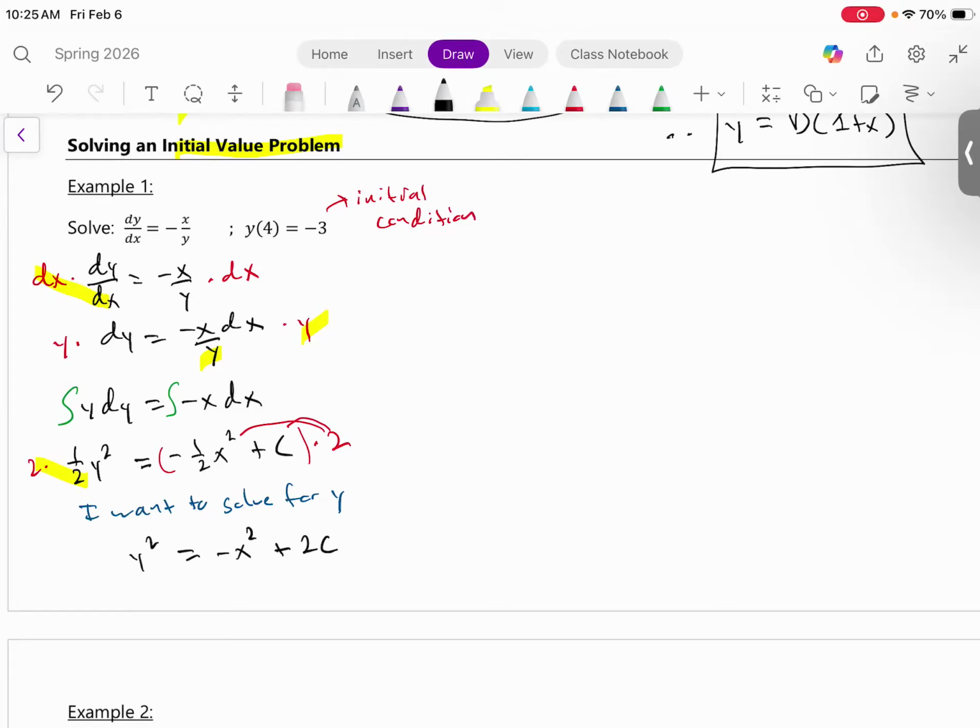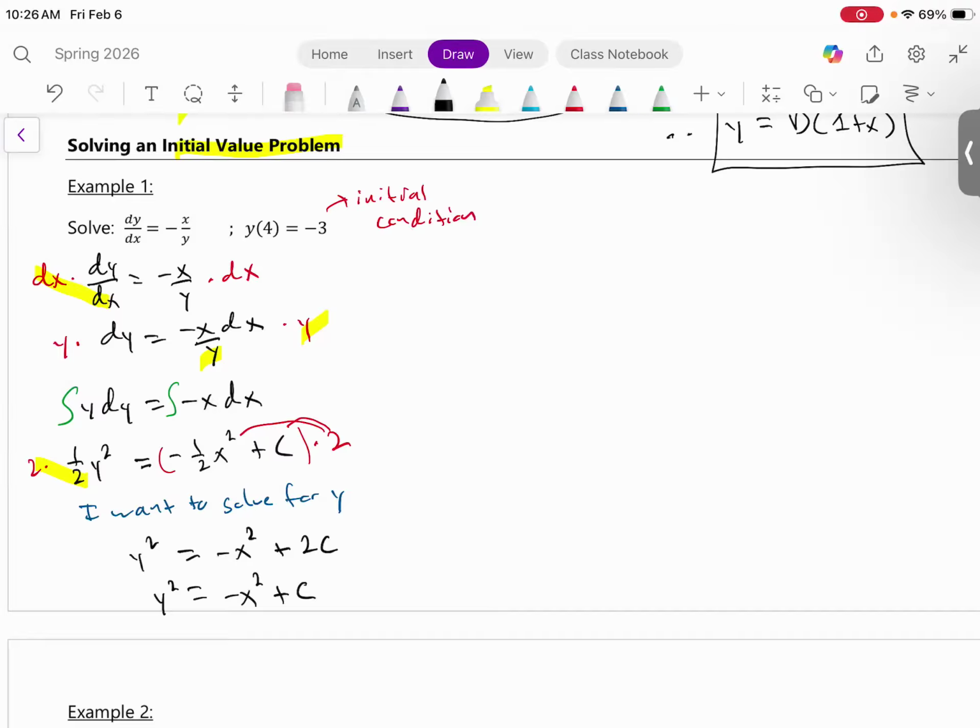But 2c, that's just a constant, 2 times a constant. So we can just say it's just another constant. You could say c again. Okay, so we have y squared equals negative x squared plus c.